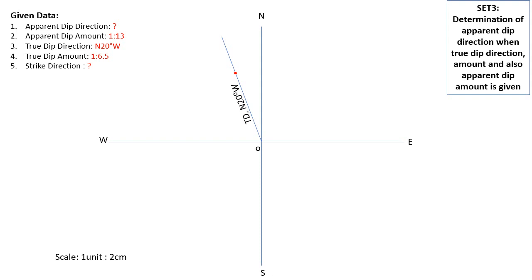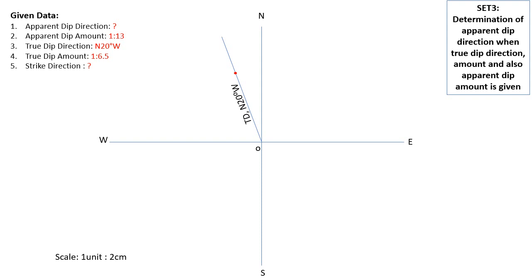So what distance will you measure? 1 is to half of 6.5, that is 3.25. So we measure a distance of exactly 3.25, and this is the given true dip direction and true dip amount.